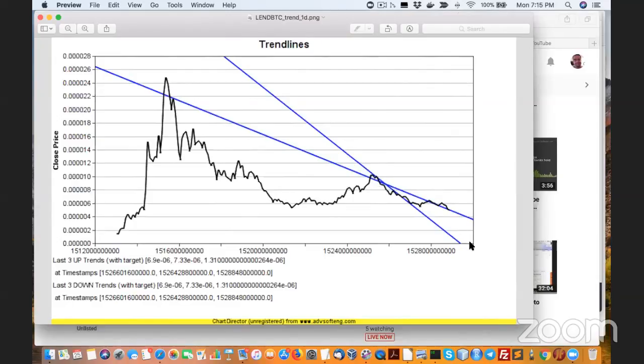So for instance, in this line, we have this point here, and somewhere along here, these 2 points are calculated. If the price does go through that, do we use that as an entry or an exit? So this is where this really helps out. We have these up trend lines and down trend lines, and we're trying to calculate what our target will be using these trend lines.